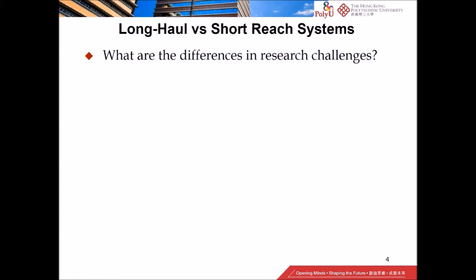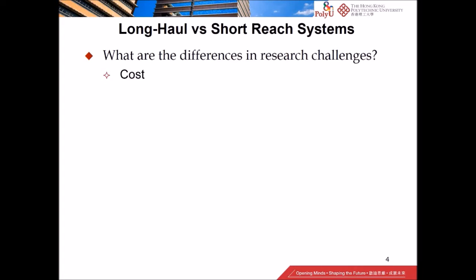Okay, the first one is cost, obviously, for a lot of reasons. One of them is that it's such a high volume market, okay? And then you cannot afford to have very expensive transceivers. Now, of course, that's obviously true for all types of transceivers as well.